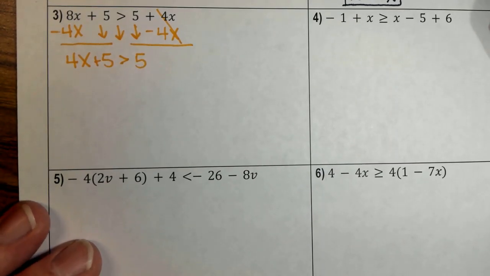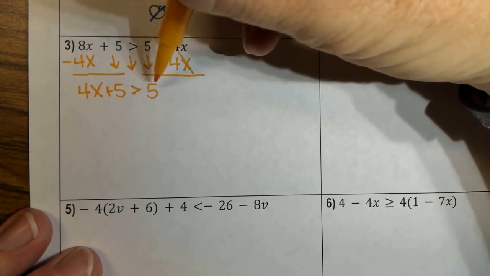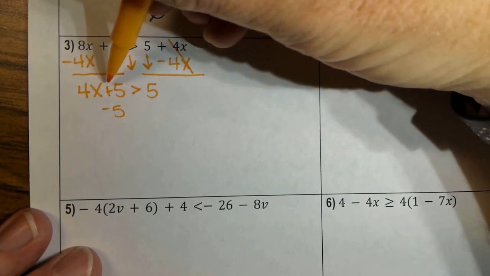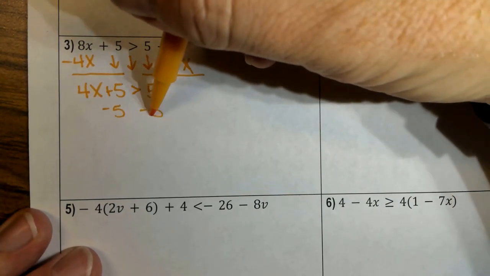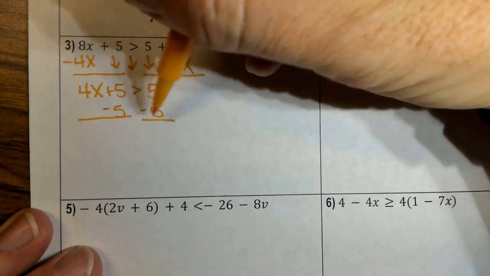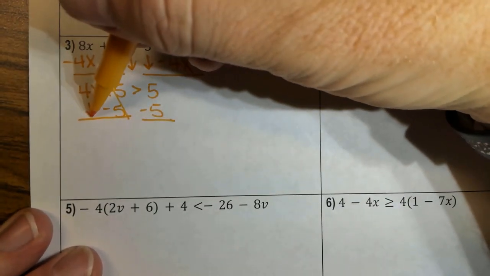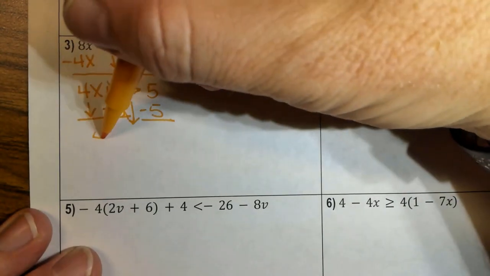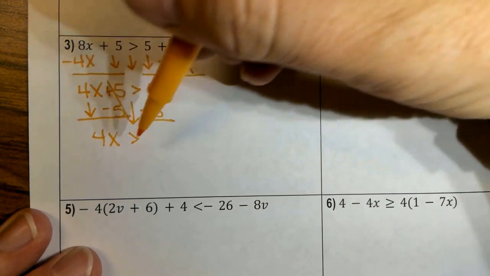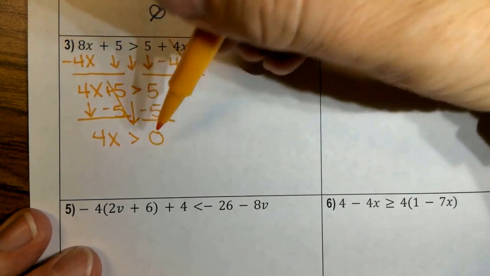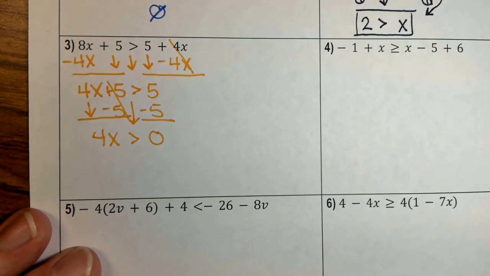Okay. Now I want to move my number away from my letter. So because it's plus, I'm going to do minus. So my x didn't change, my sign didn't change, right? So it's greater than 5 minus 5 is 0. And my last step is divide.